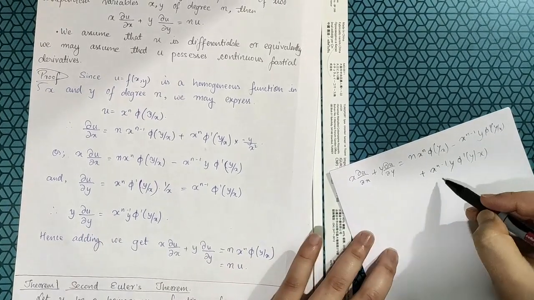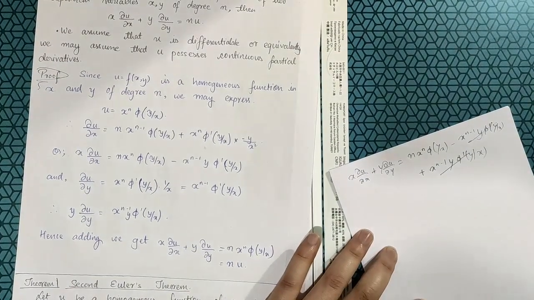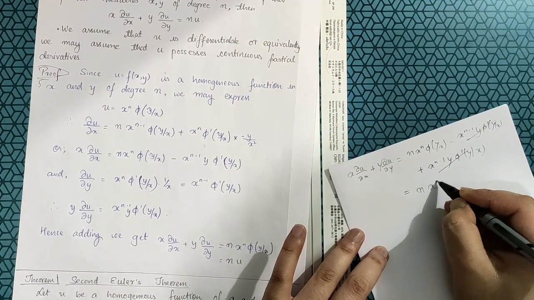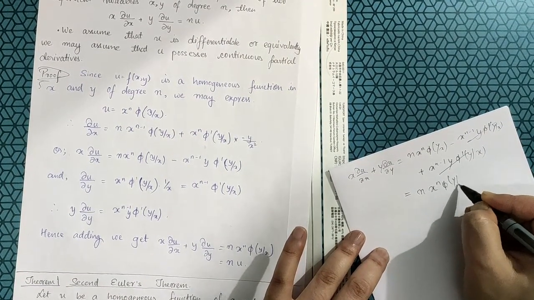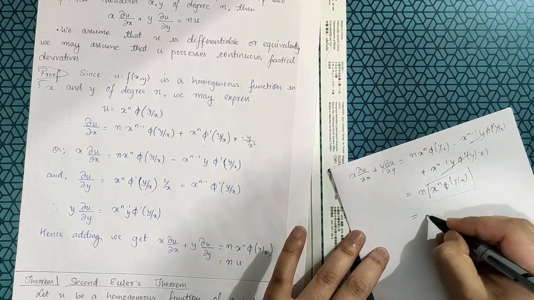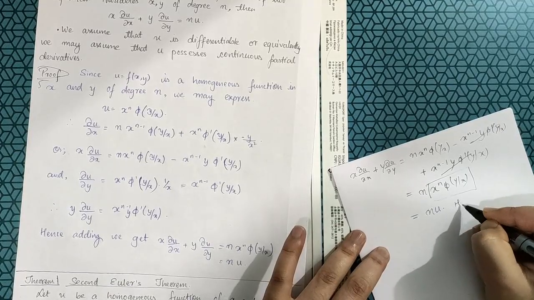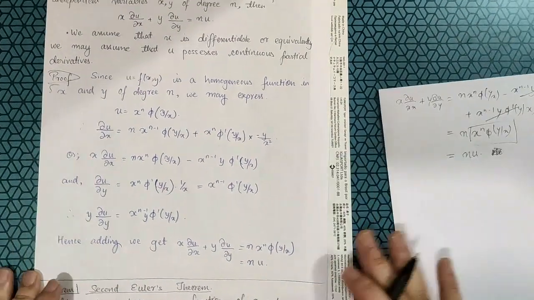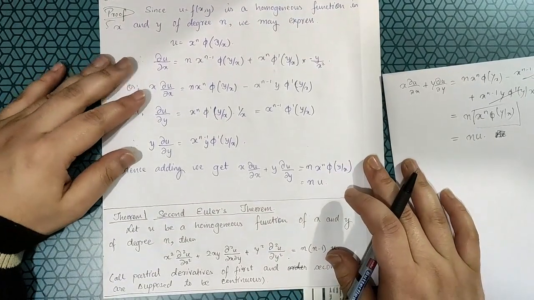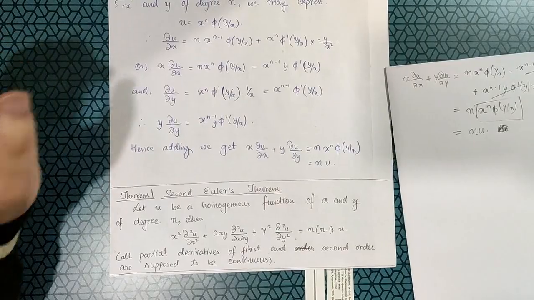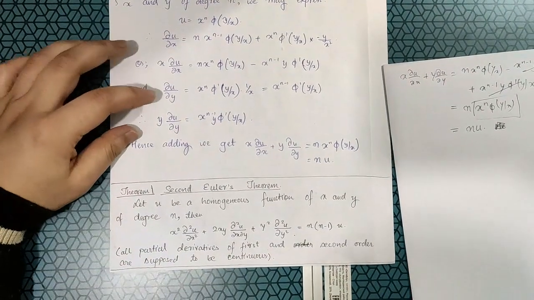What we get is that this and this are the same, so they cancel, and we get n x to the power n phi y by x, but this is u, so this is n u, and hence the theorem is proved. So this is Euler's theorem. It's very simple. We can call this the first order Euler's theorem.